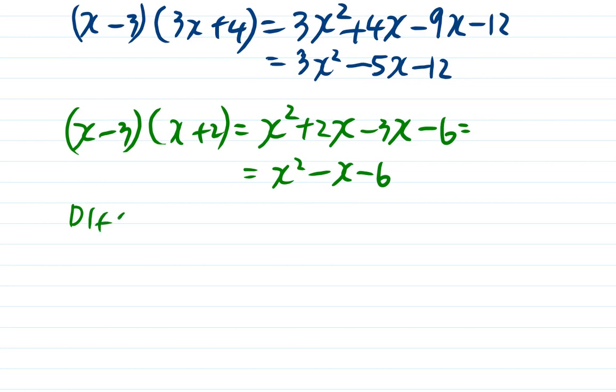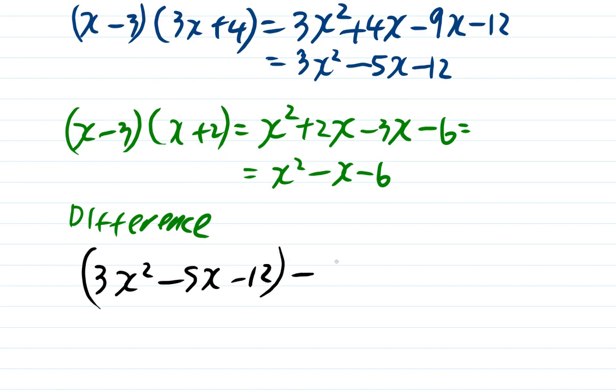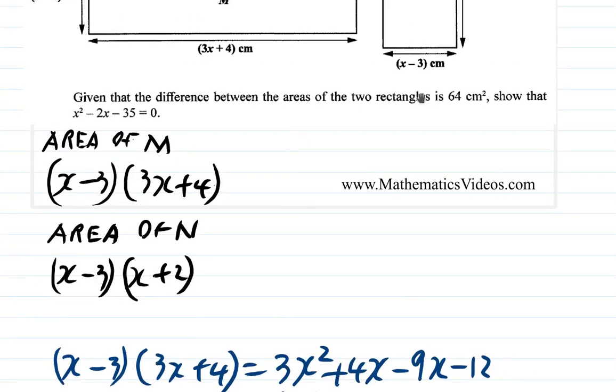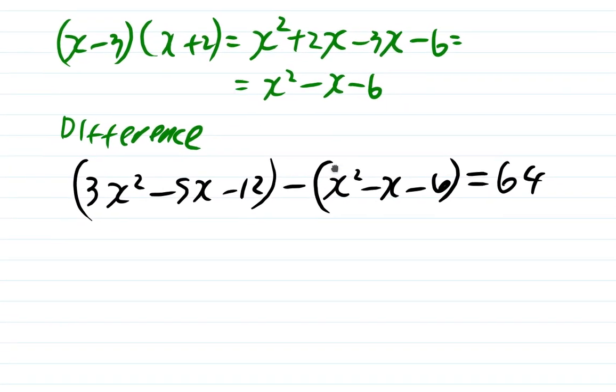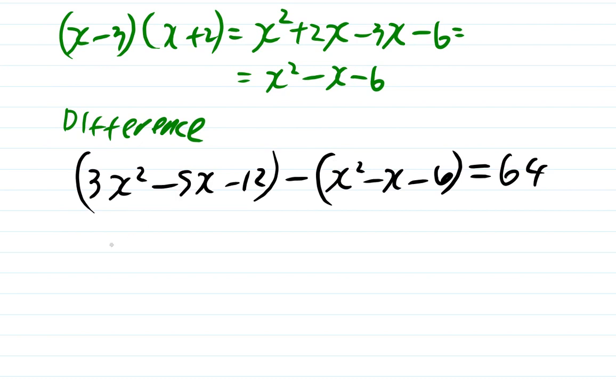So the difference is going to be 3x squared minus 5x minus 12, you have to put it in brackets, minus x squared minus x minus 6, and the difference is 64. Now remove the brackets.